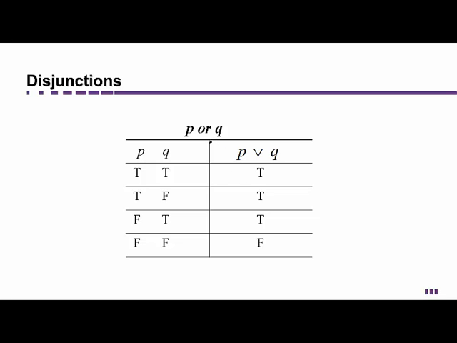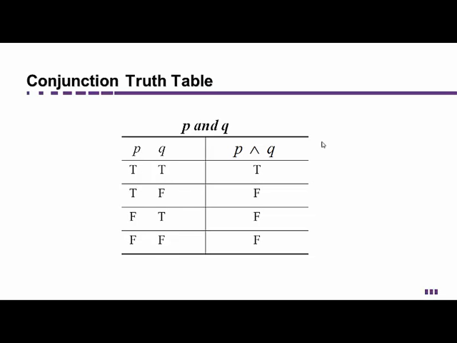You can pass this test if you pass P or if you pass Q. So if you pass both pieces, you pass. If you pass the first one and fail the second one, you still pass. Fail the first one, pass the second one, you still pass. But if you fail both, you fail.